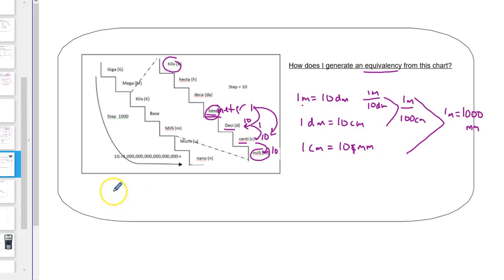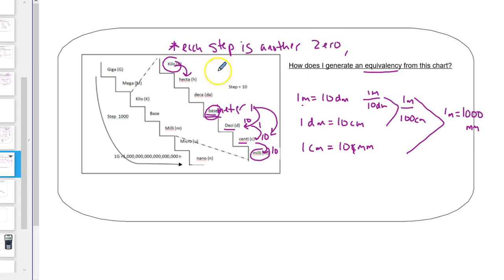So what do we do here? Essentially, you should realize that every step is a power of 10. As a summary to a student who's really trying to figure this out, each step is another 0 on your equivalency.